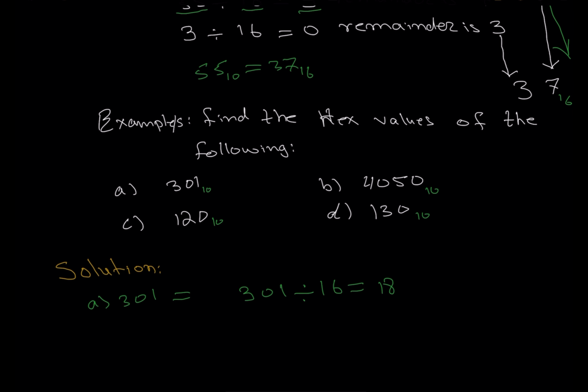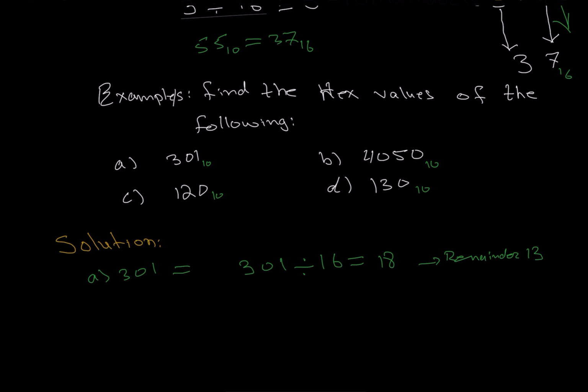Let's see. The remainder is 13. What is 13 as a hexadecimal number? 13 in hex is D. So we will bring D down.